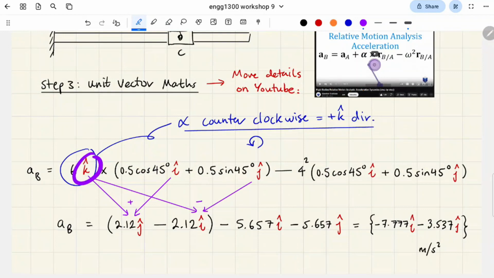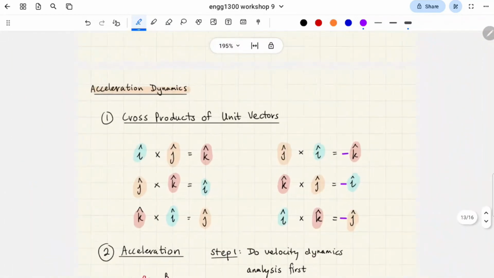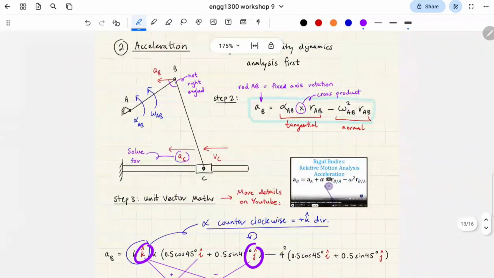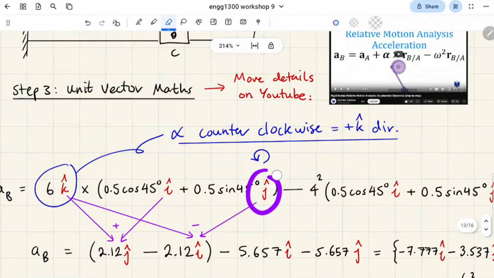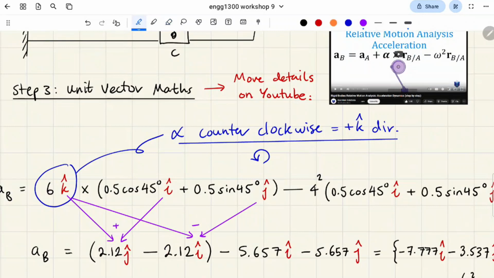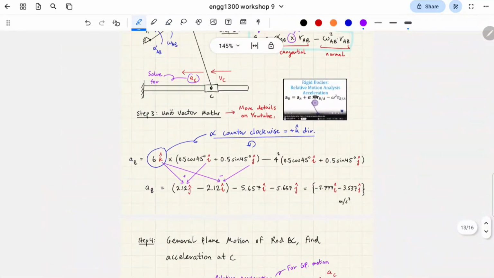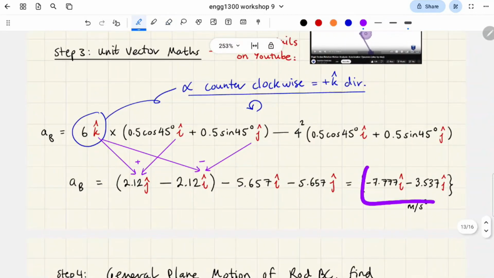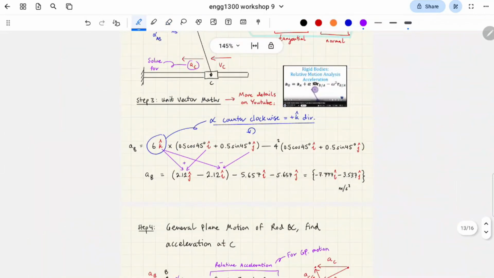But when you multiply k by j, you get negative i, and that results in the negative here. It's really just about plugging in the formula and grouping together the i and j components, and then you end up with this. That's for the first part.